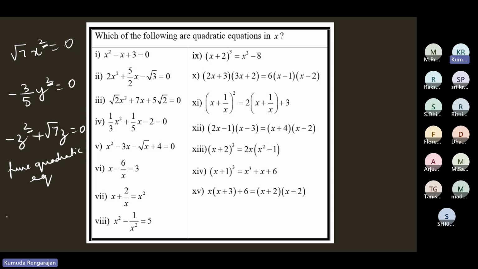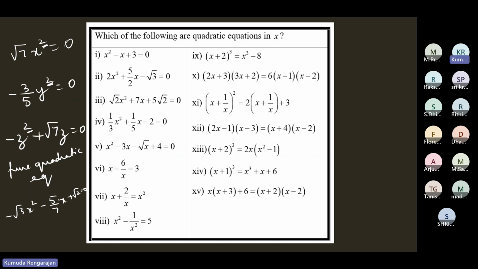For example, minus root 3x squared minus 5 by 7 x plus root 2 is equal to 0 is a pure quadratic equation, because you have the x squared term, the x term, and the constant.